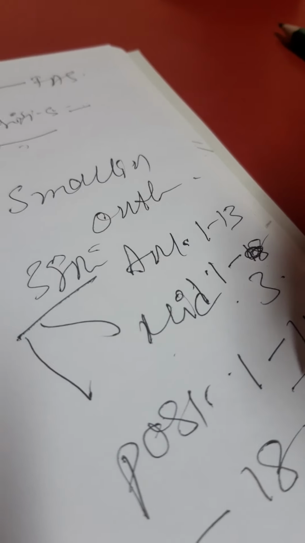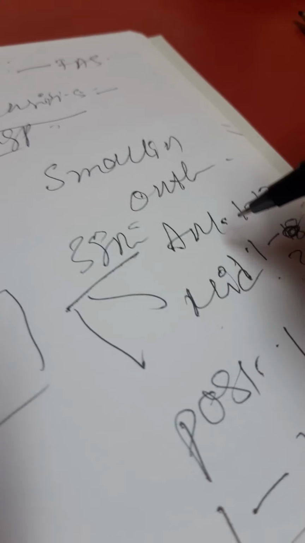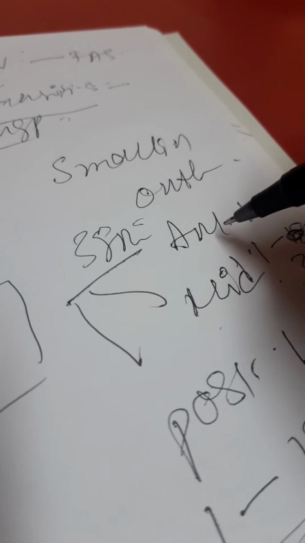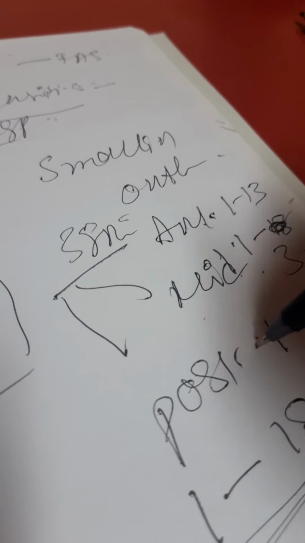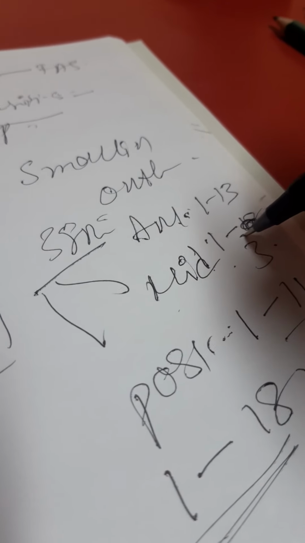So the number usually ranges from 1 to 18 in the whole. These are very small air sinuses divided into three groups: anterior, middle, and posterior, of which the anterior and posterior will be the larger groups compared to the middle group.